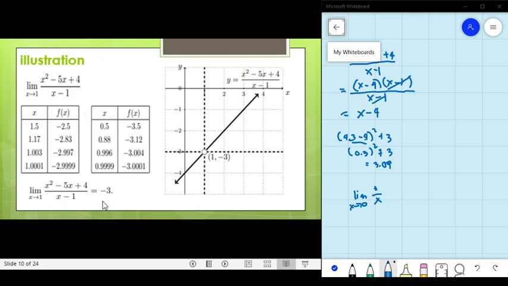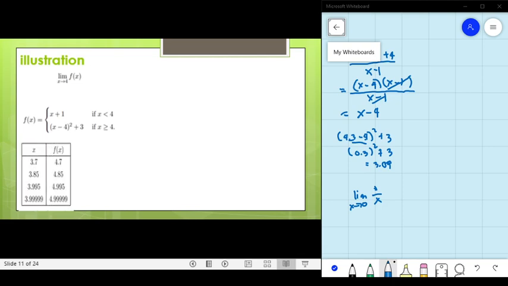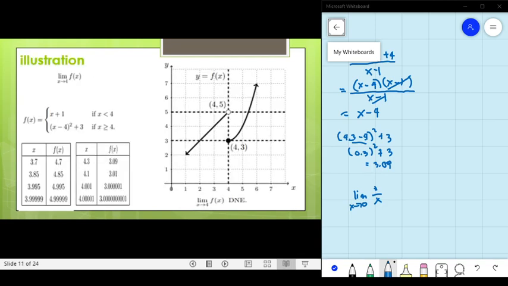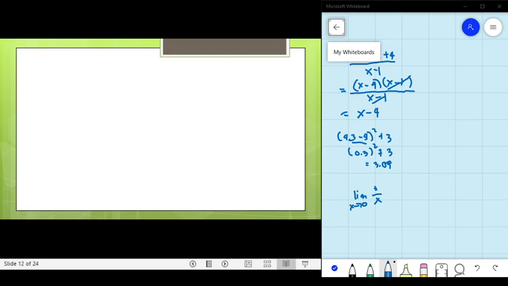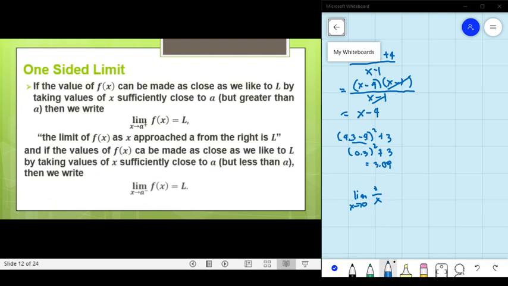That is why the limit exists, which is negative 3. Here, however, the values from the left and from the right do not match. So, therefore, we can say that the limit of f of x as x approaches 4 does not exist. Okay? You can see this on the graph when you look at it. Okay.